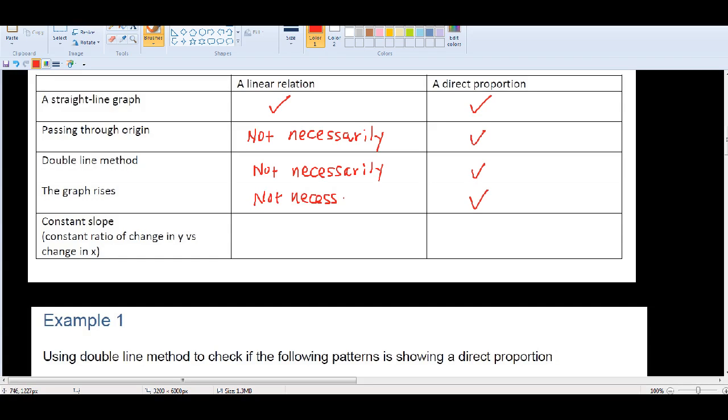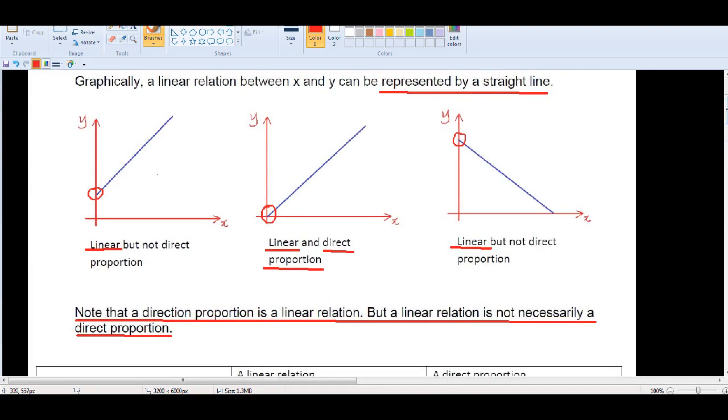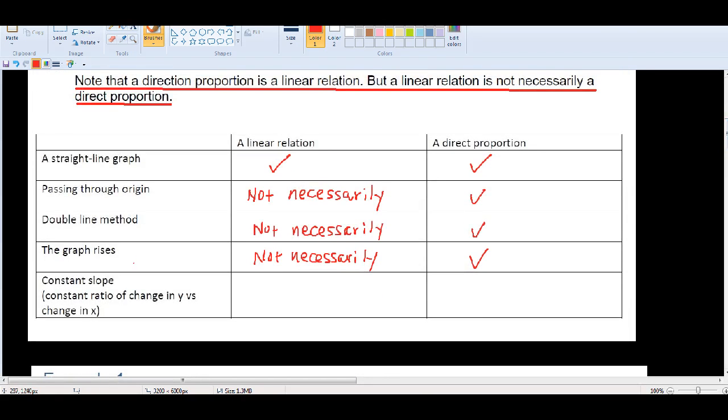We saw one linear relation where the line declines rather than rises. Constant slope means it must be a straight line. We are going to use the idea of slope as the change in y versus the change in x, but we will go into more detail later on. For constant slope, that means you see a straight line.